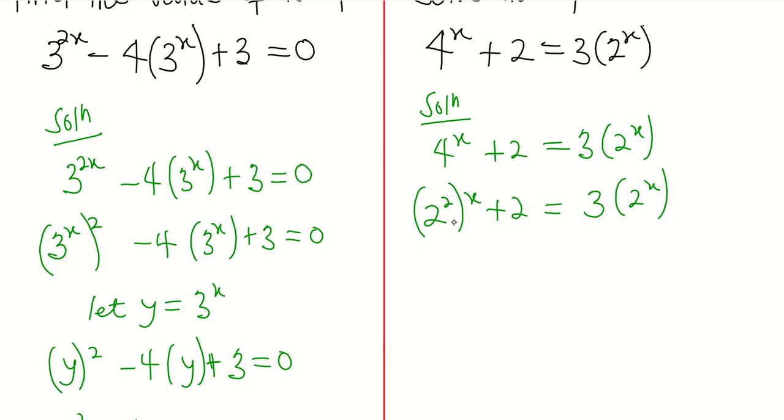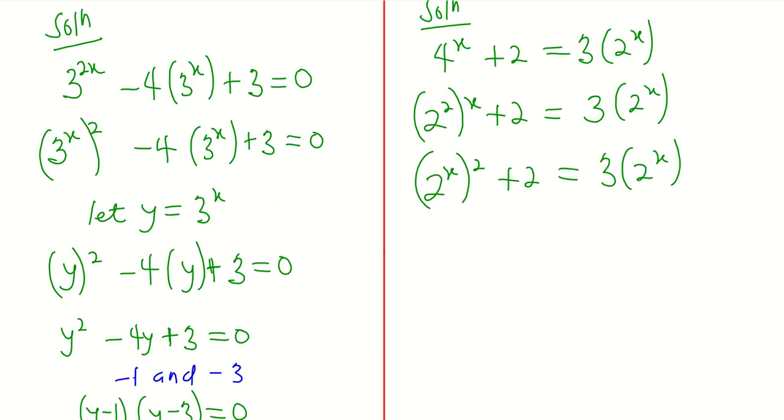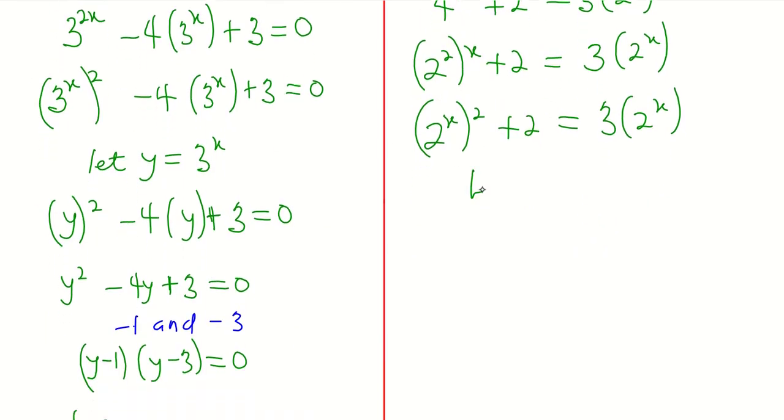So in the same way, for us to represent 2 exponent x by a preferred variable, we have to simplify this one. So we're going to have 2 exponent x all exponent 2 plus 2, which is equal to 3 multiplied by 2 exponent x. Right now we have a base and exponent in common, so we let y be equal to 2 exponent x.